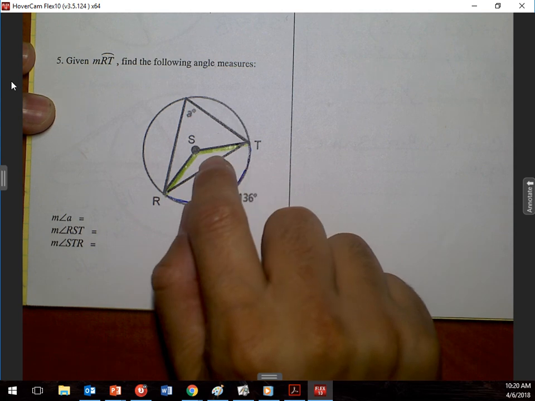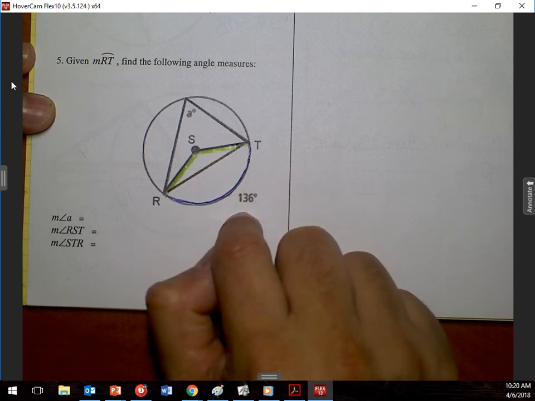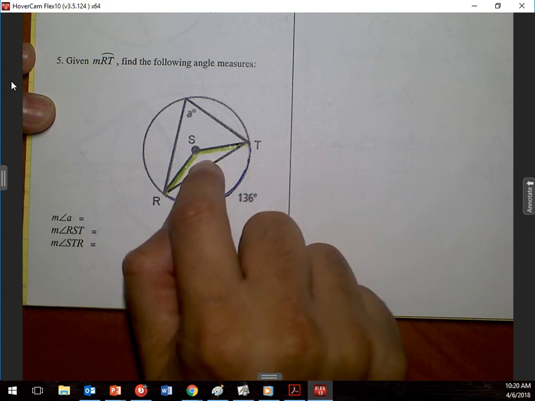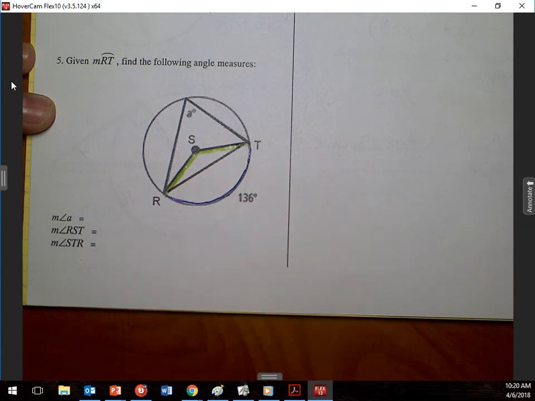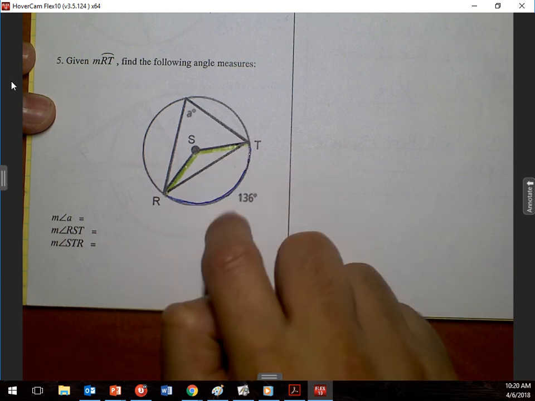What do we know about the relationship between the central angle and the arc? They're the same. The central angle is the same as my arc.